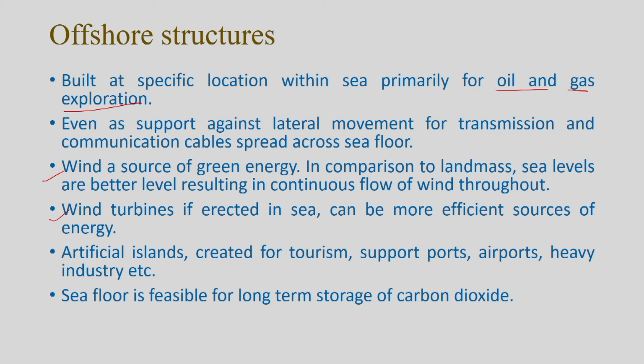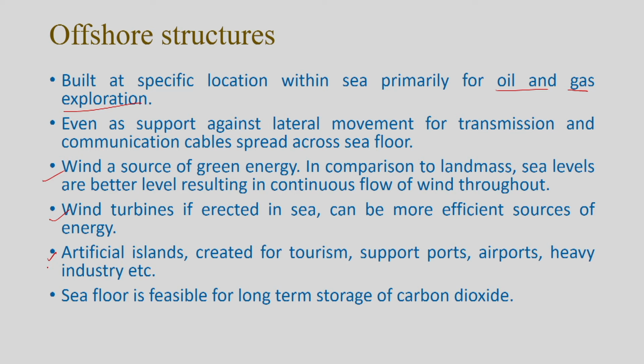Then the most important thing which many of us can observe nowadays is artificial islands. A classical example is the Palm Islands in Dubai, created to promote tourism and also to locate human colonies there.